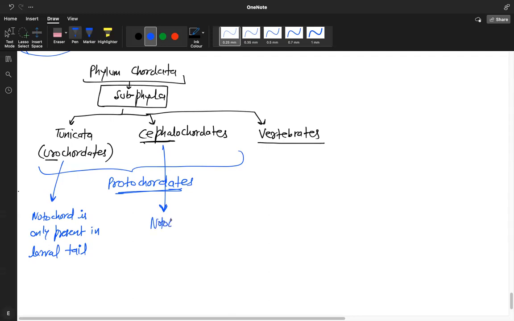The notochord is from head to tail, and it also persists throughout life.